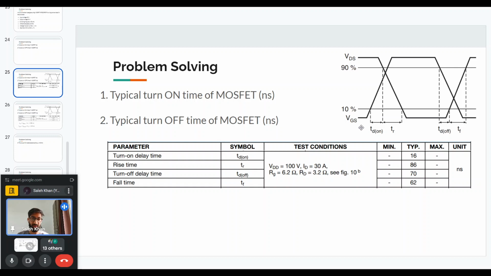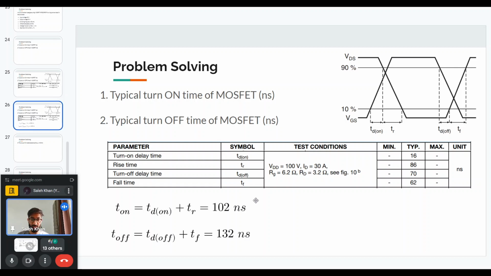Basically, TD on plus TR is the total on time, and similarly, TD off plus TF would be the total off time.